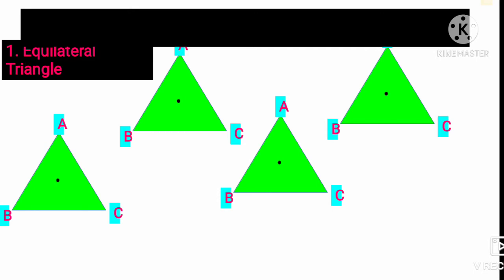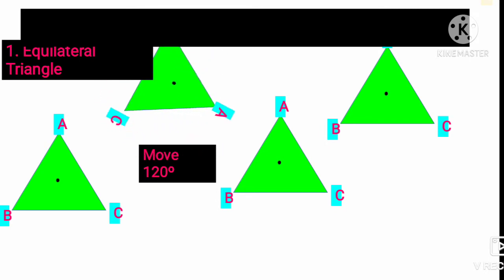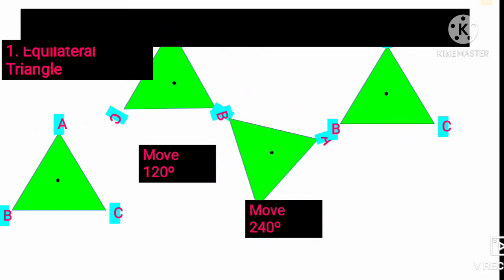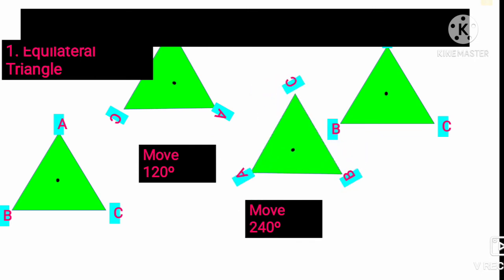Let's relearn. First, we have an equilateral triangle, A, B, and C. Now, let's see what happens to the triangle if we move it 120 degrees. Look, the A from up, it moves into here. Then we move again, 240 degrees.